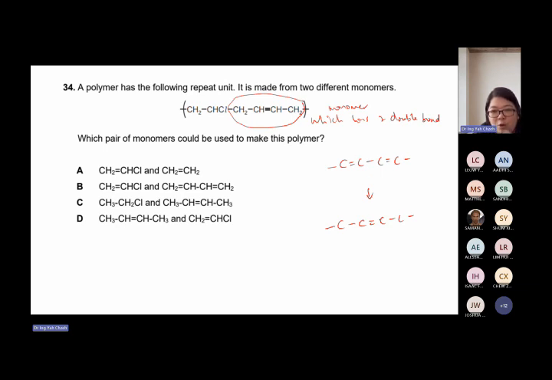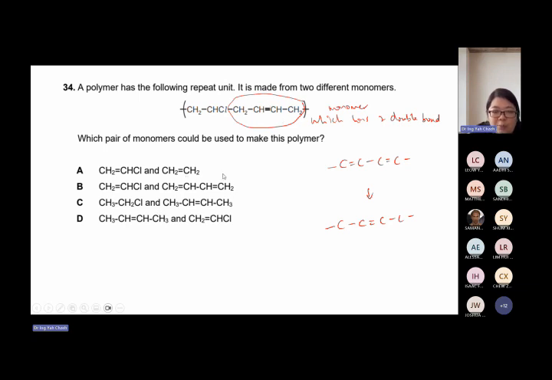So two more go to the middle and form a pi bond, right? So the monomer has two double bonds, and at the end you still have one in the polymer. That one double bond in the polymer is in the backbone, not the side chain. If you see a double bond in the branch, then it should also be from the branch in the monomer. But this is not from the branch, it is in the skeleton, right?